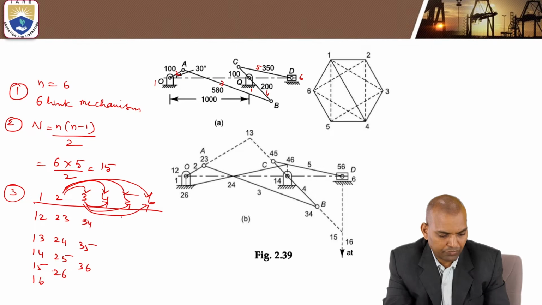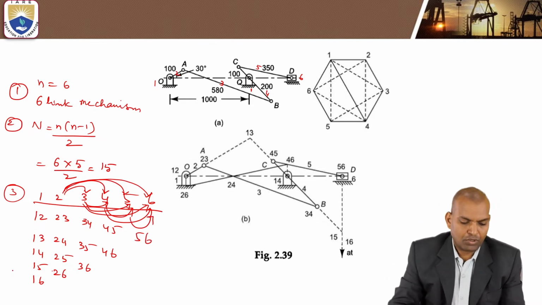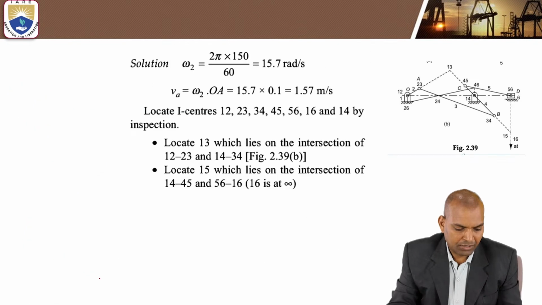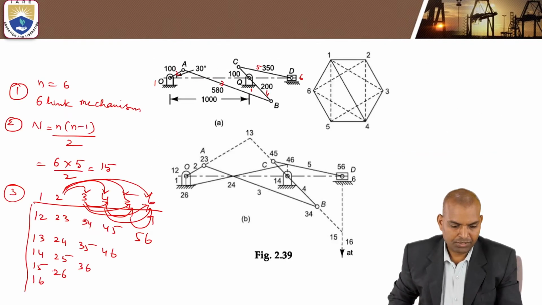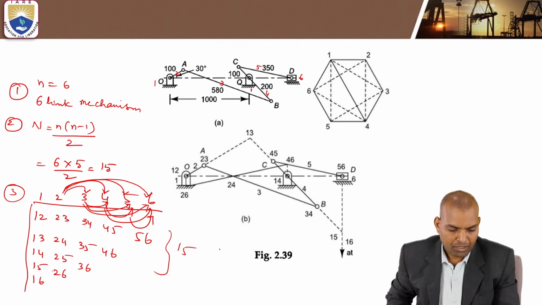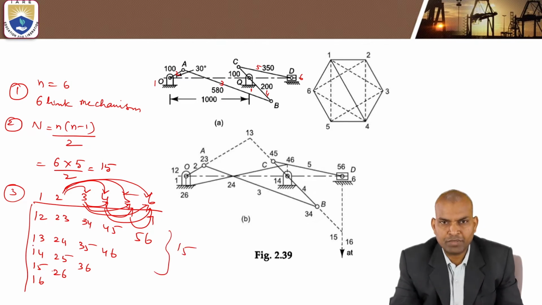Next, with 4: 4 5 and 4 6. With 5, only 5 6. If you count all the I centers, how many are there? 5 plus 4 plus 3 plus 2 plus 1, total 15. So these are the I centers we have to mark.